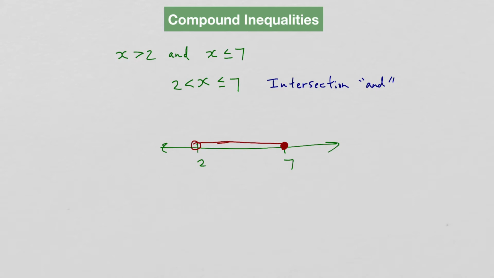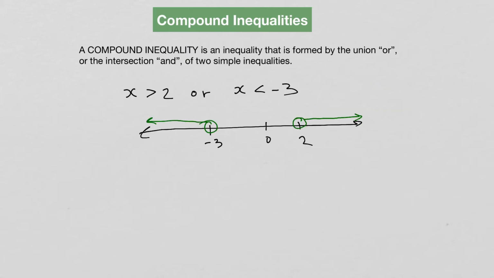So in this last problem, when you have an intersection, or using the word and, there's another term to describe this scenario, and it's called conjunction. In the previous example, there's also a term to represent this scenario, and that word is disjunction.